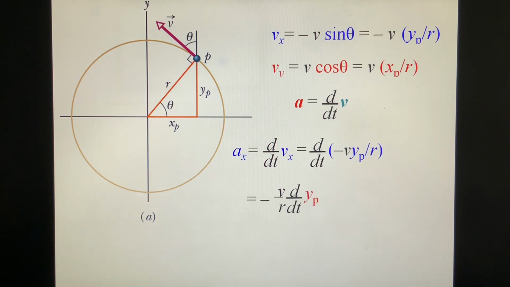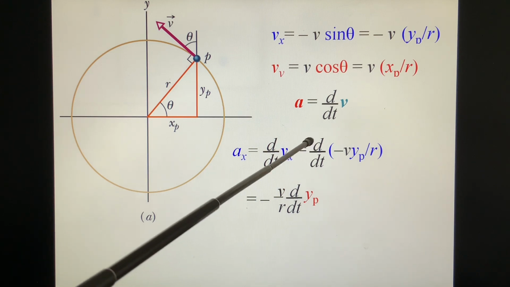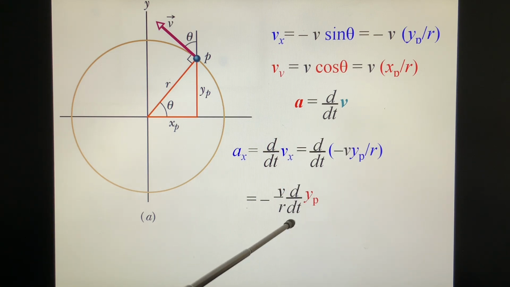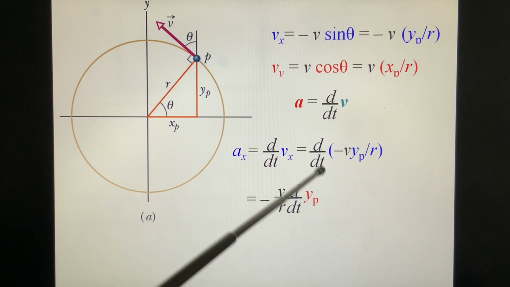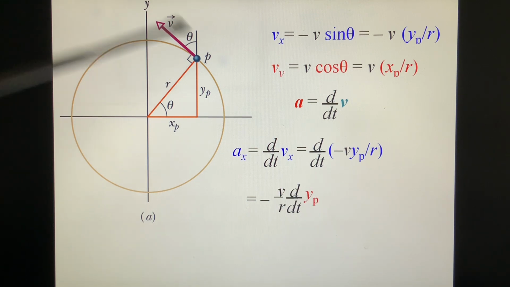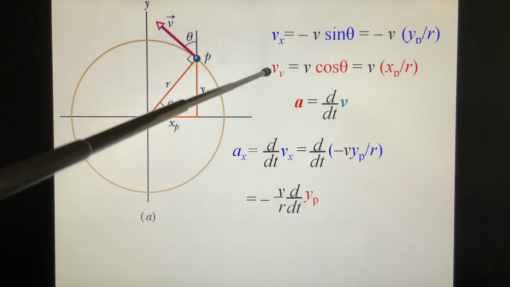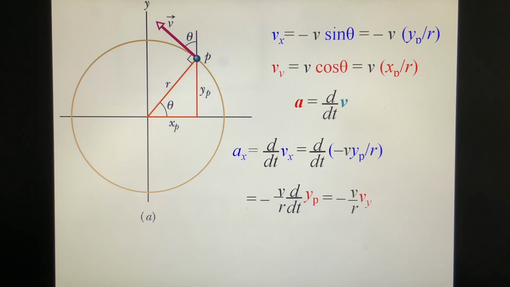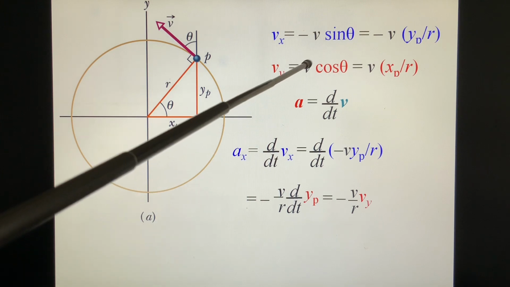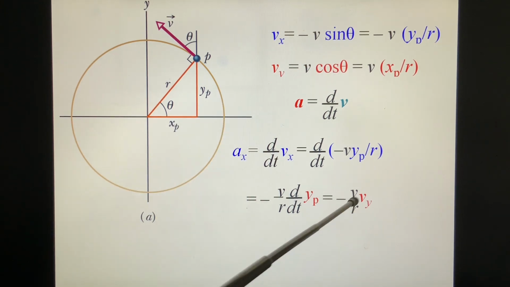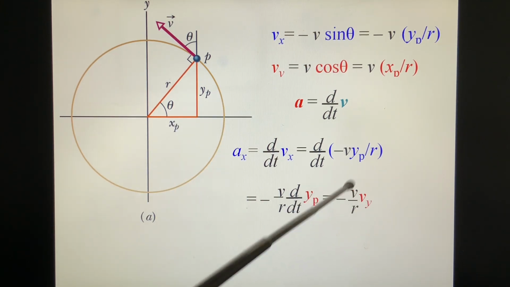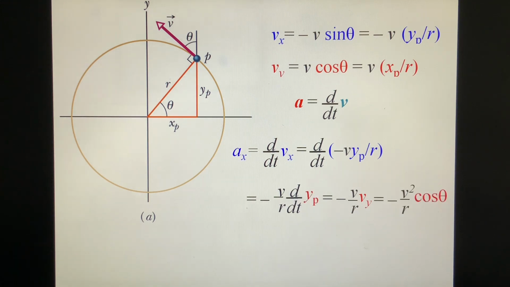So we take these out. The leftover is dyp/dt. What is this? This is Vy, right? And what is Vy? Vy is V cosine theta. So putting in V cosine theta, we get minus V squared over R cosine theta.